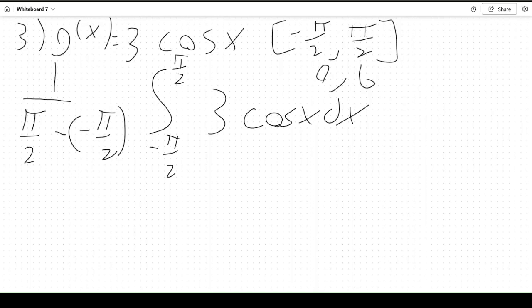So this will be 3 sine x. And you can leave the 3 there because we don't have to do anything with it. From negative pi over 2 to pi over 2.